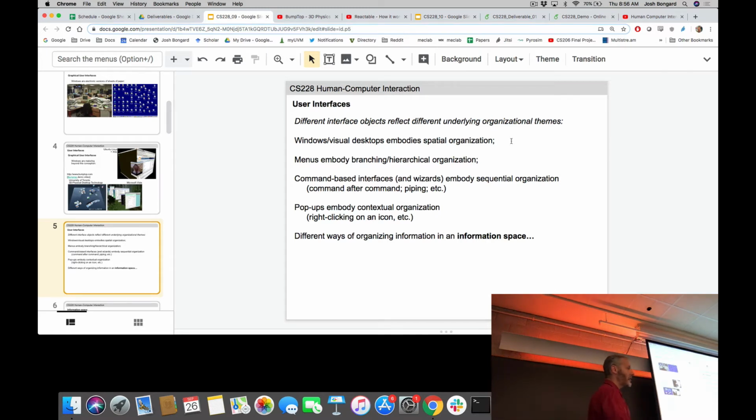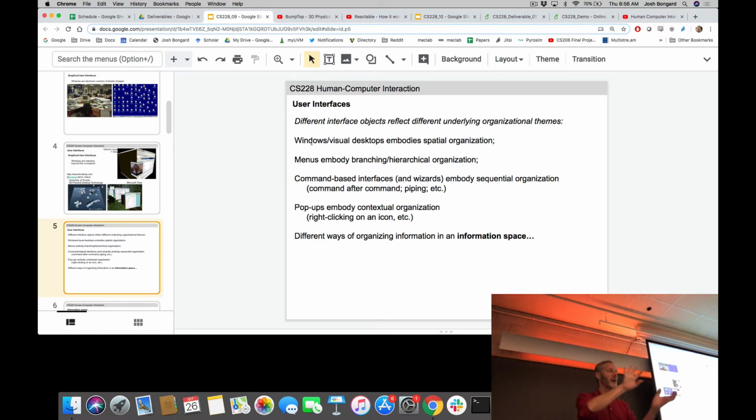Different choices about the interface, implicitly or explicitly, rely on different ways of thinking. So obviously, if we're dealing with windows in GUIs, they're relying on the human visual system, which is very good at spatial organization, or seeing spatial patterns.